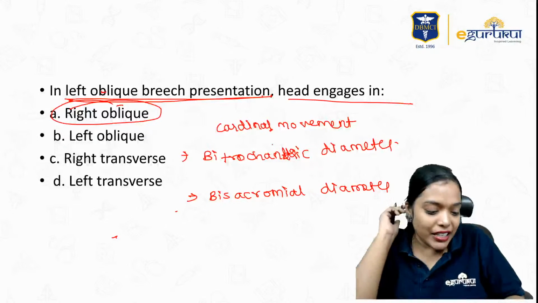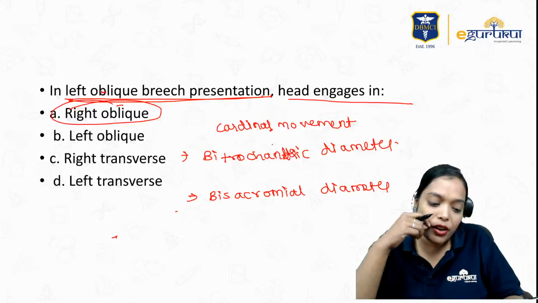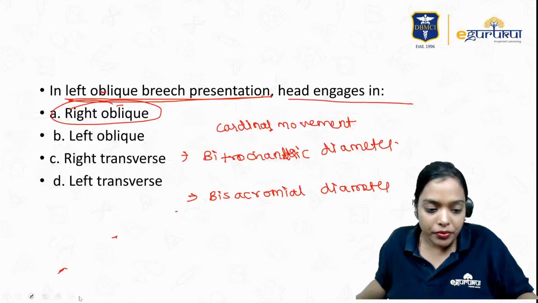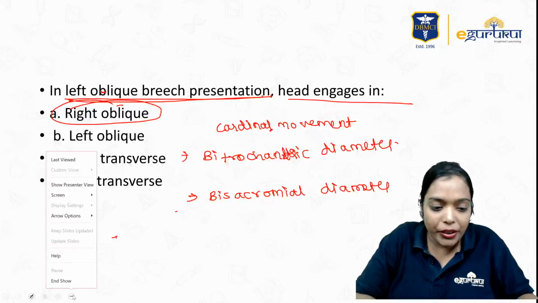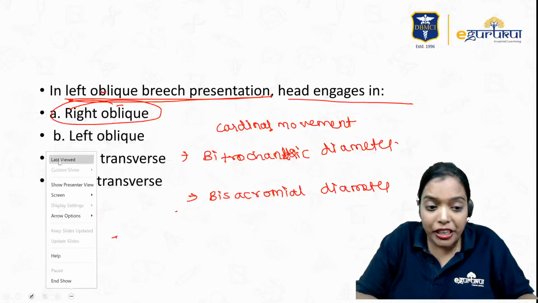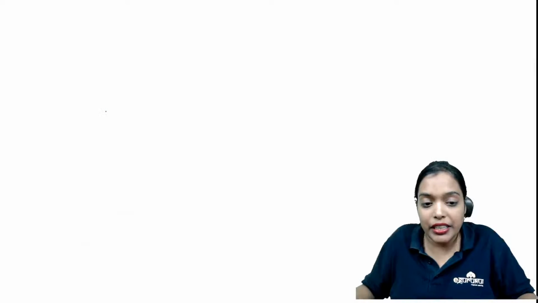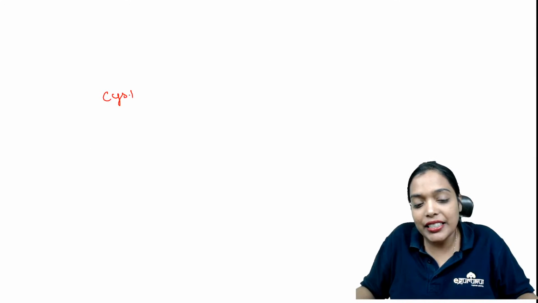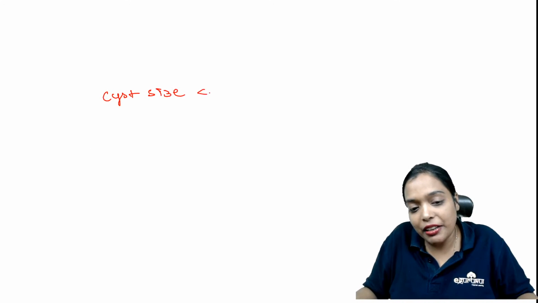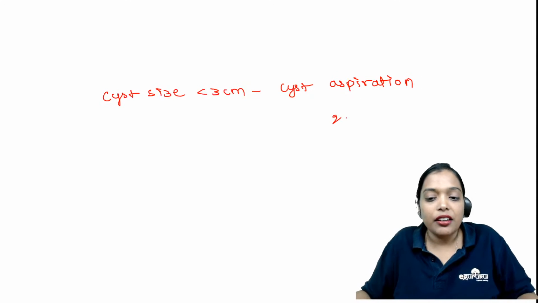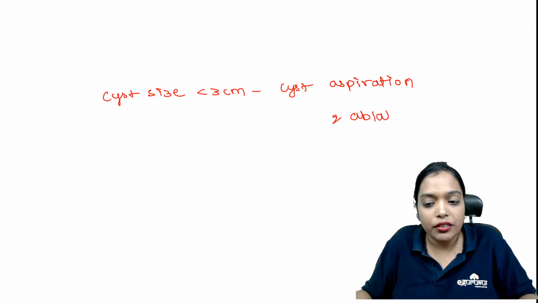Next I have Jangir asking about endometriosis, cystectomy and aspiration. Whenever you have endometriosis and the patient wants to conceive, if the cyst size is less than 3 centimeters, then you will go for cyst aspiration and ablation of the cyst wall.